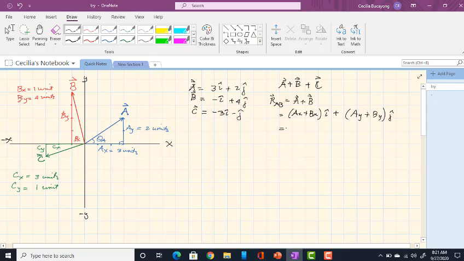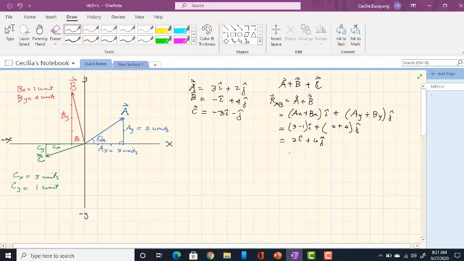In this case, you have 3 minus 1 plus 2 plus 4 j hat. Therefore, your resultant vector is just 2i plus 6j hat.